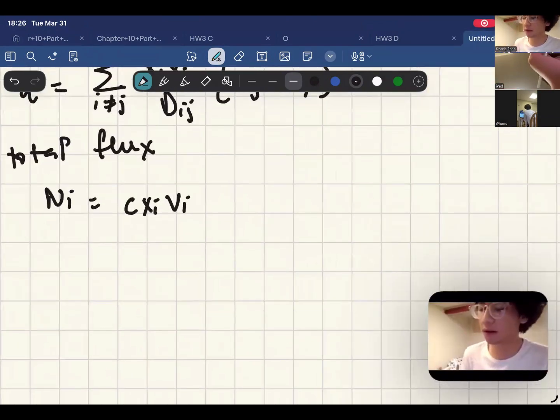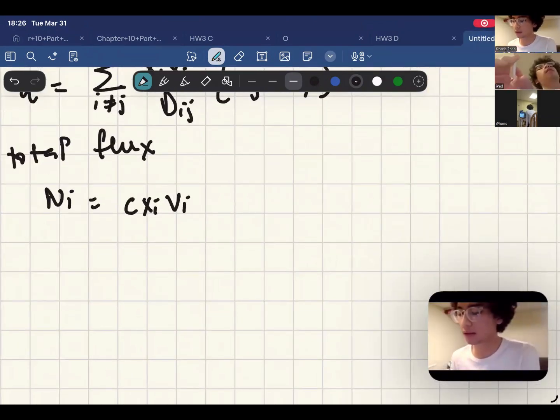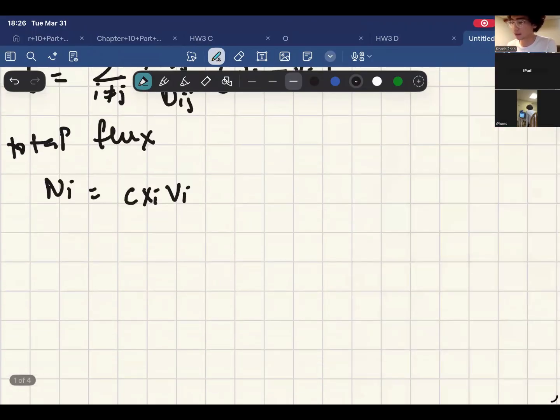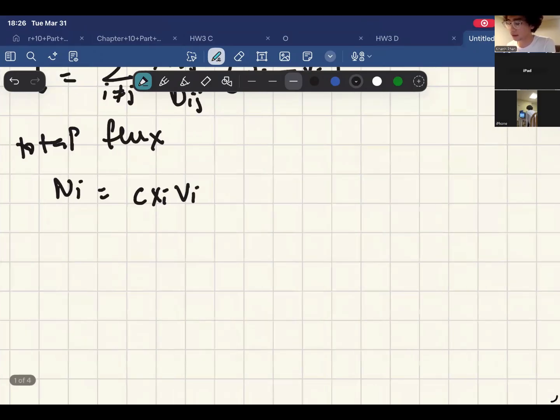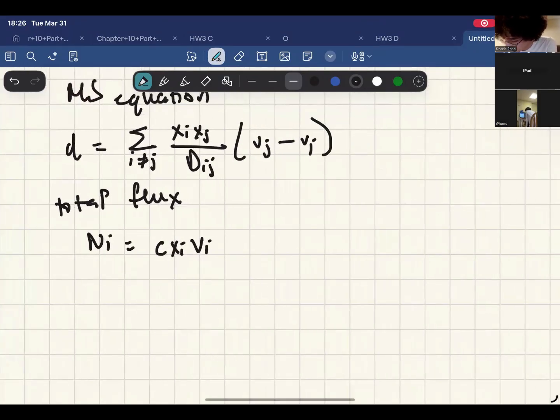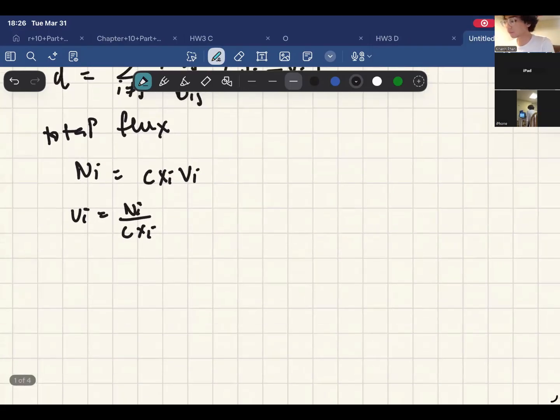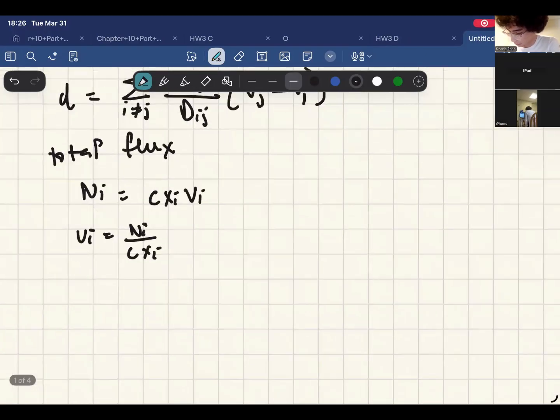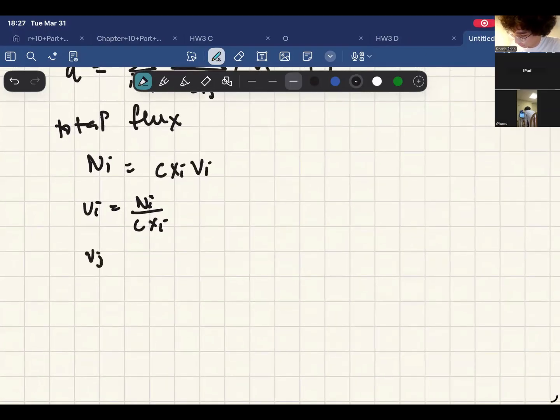So we have the molar flux of species i equal to concentration times its mole fraction times its velocity. So then v_i is equal to its molar flux over the concentration times mole fraction x_i. The same thing applies for j, so v_j would be N_j over c x_j.